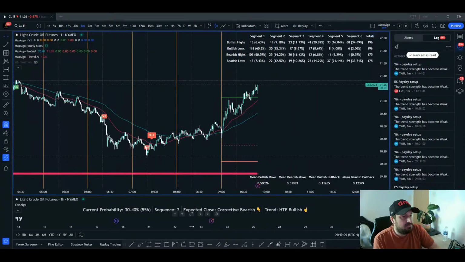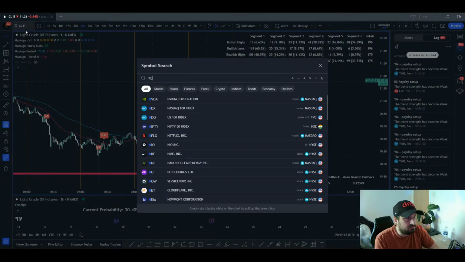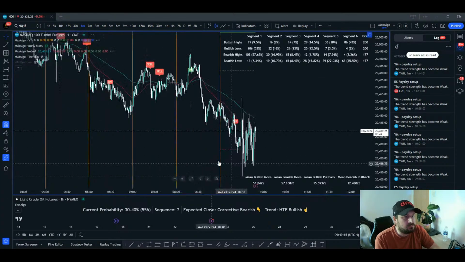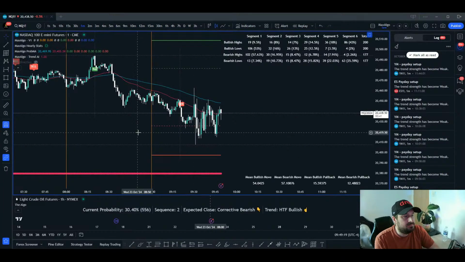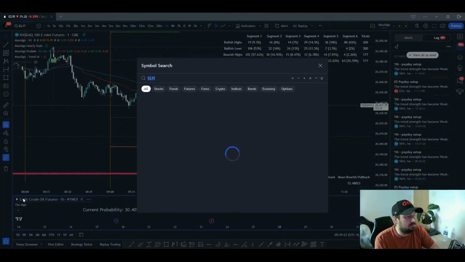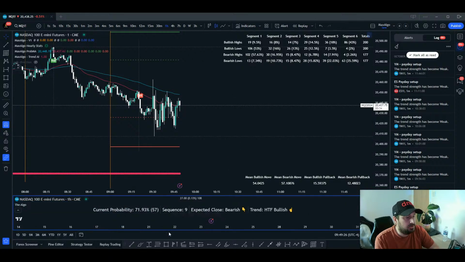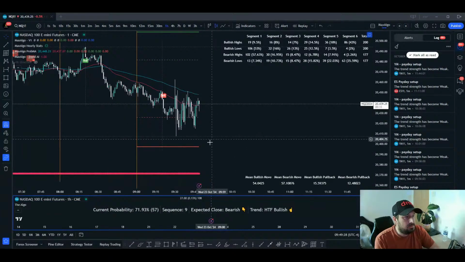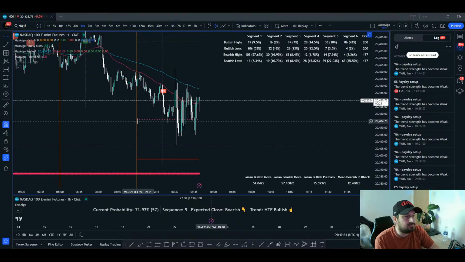Right, should we have a look at some pairs? See how we're doing. Let's go back to NQ. It's a nice messy open. So we've got 10 minutes left.